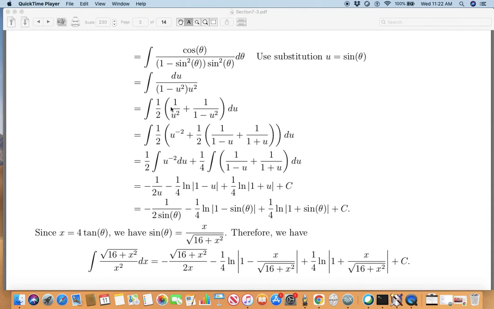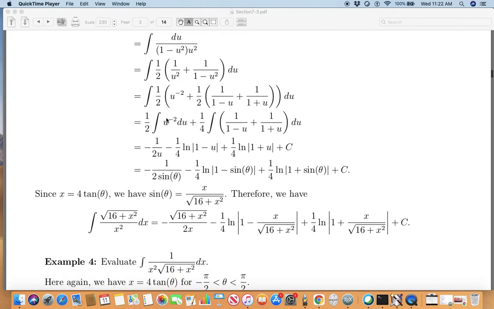This term is nothing but u to the power negative 2, integral of all this. So that half comes out, integral of u to the negative 2, and then integral of this quantity. Okay, so half and a half gets me 1/4. So at this point we are almost done.